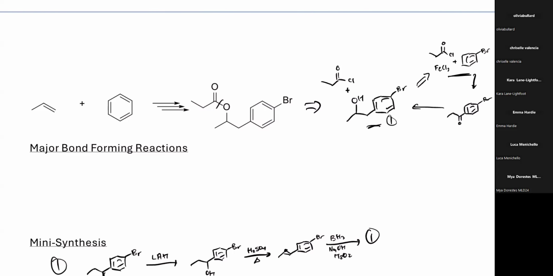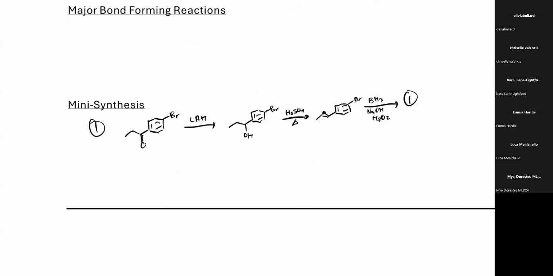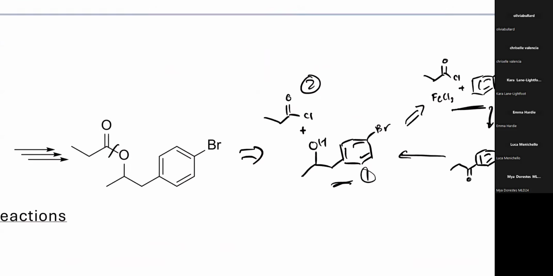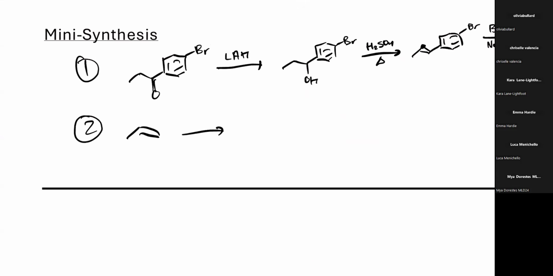Okay, so let's do this. A couple people asked this. Let's talk about how we can make the acyl chloride because we forgot. So if I start here and I want the acyl chloride on the end, I need to first get an alcohol there.